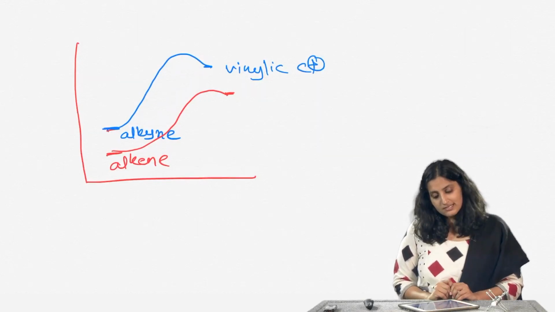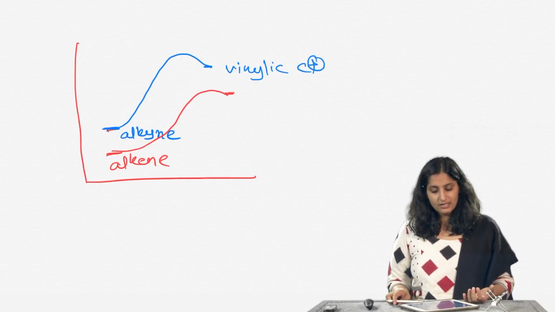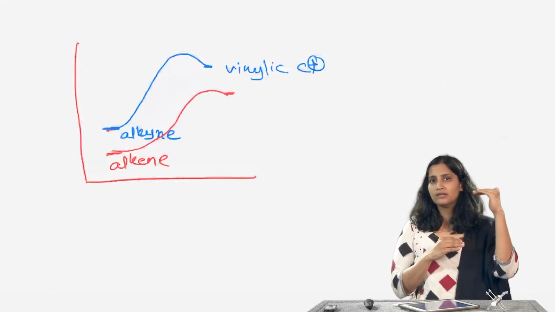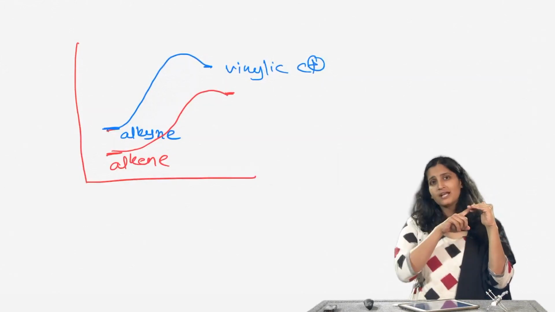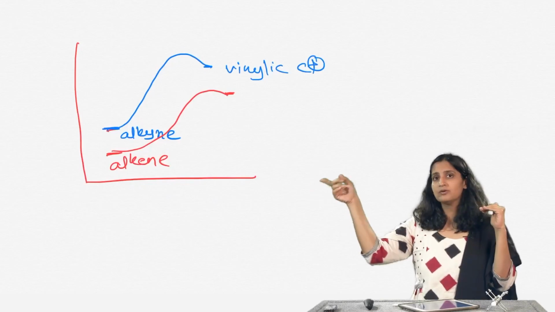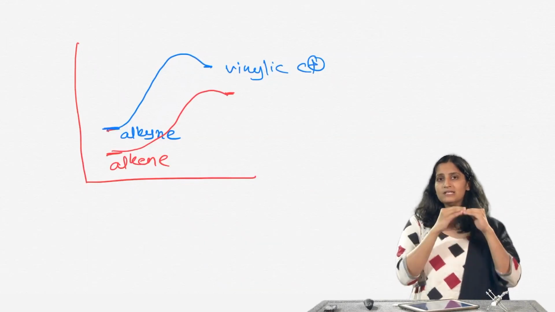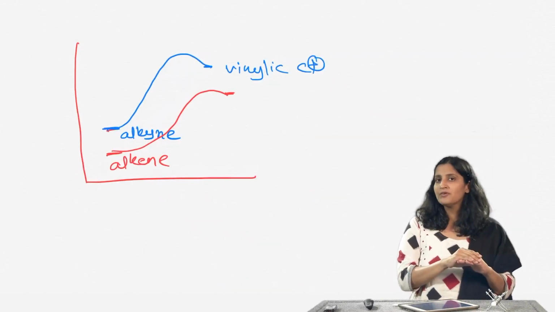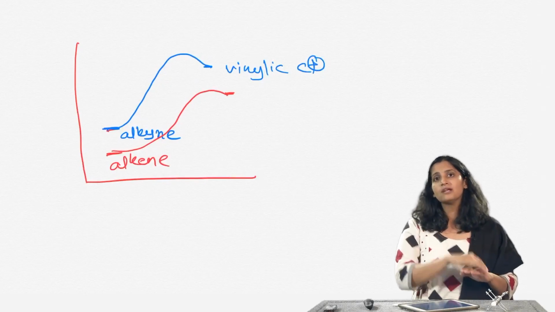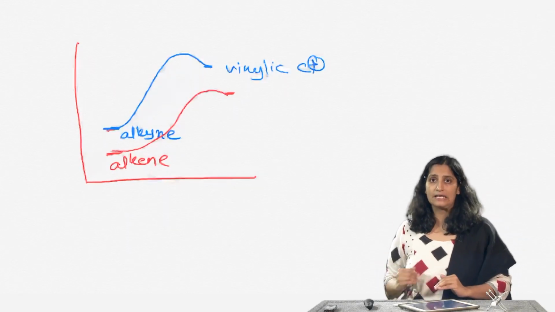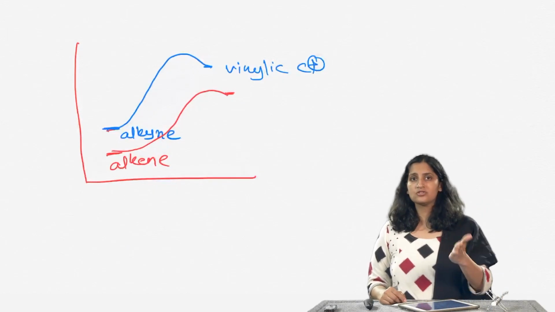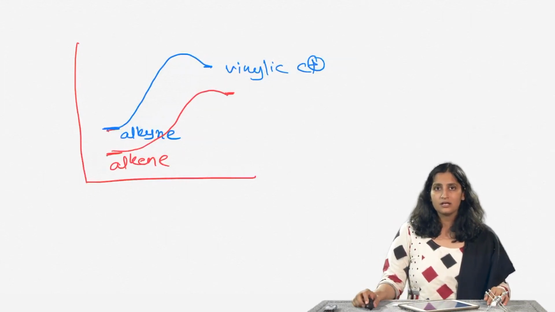So, you can say it like this, that the alkyne is kind of higher up on the energy mountain, but it has to cross an even higher mountain to get to the products, whereas alkenes are kind of sitting at the bottom of the mountain, but for them the mountain that they have to climb is kind of shorter in height. So, it is easier for the alkenes to react than the alkynes.